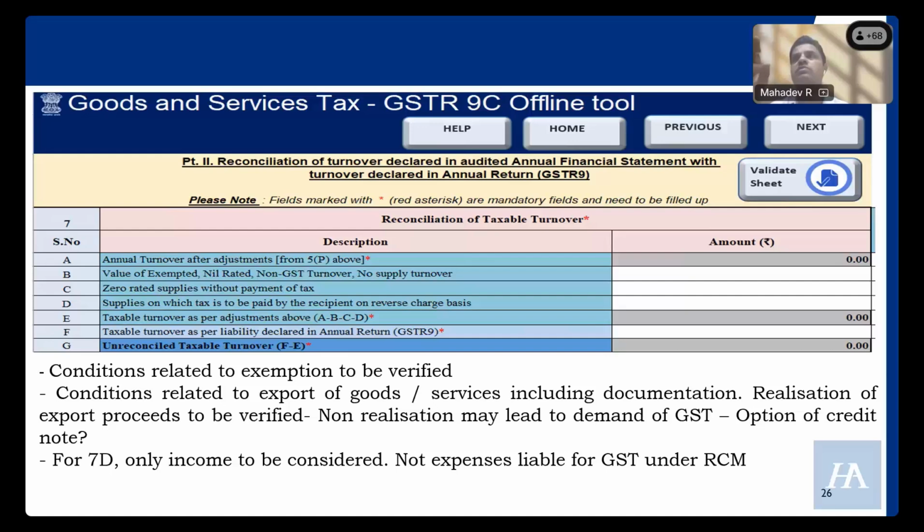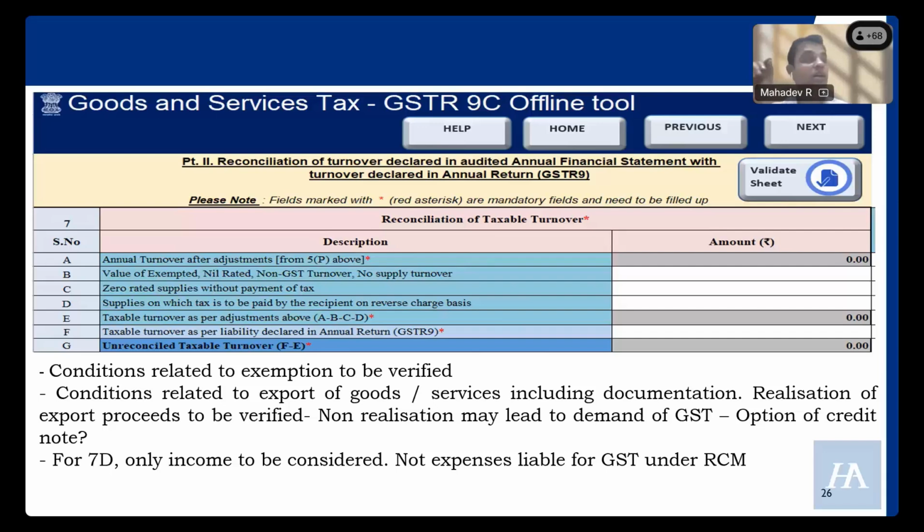Say, for example, you have sent goods for job work and you have paid GST because you did not receive them back within the one-year time limit. In that case, you will pay GST and have turnover in GSTR 9, but you will not have any amount in your financial statement.